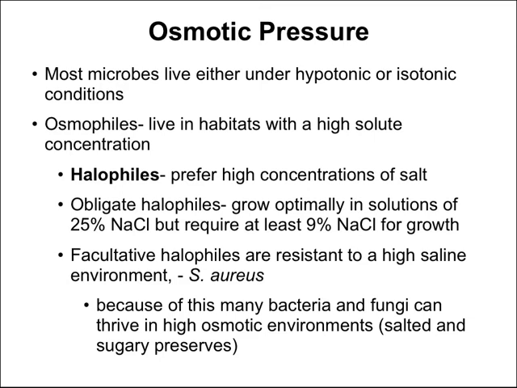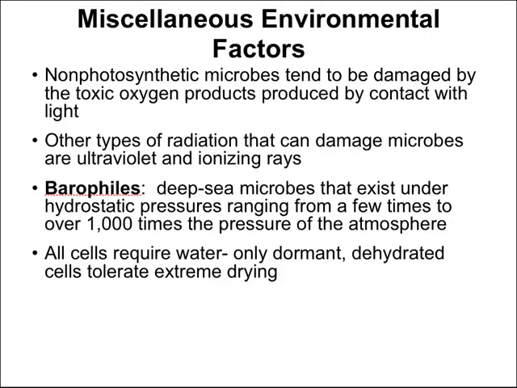Because of this resistance, many bacteria and fungi can thrive in these high osmotic environments. Even though we preserve many of our foods with salt or lots of sugar, of course there are some species that actually prefer this, so even that's not quite safe. Now, there are various forms of electromagnetic radiation that hit the Earth: ultraviolet, infrared, and then visible light.